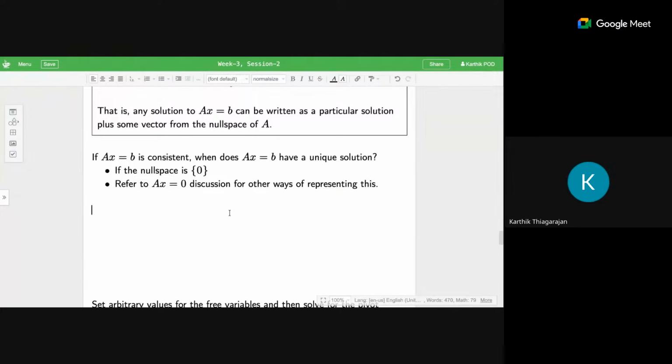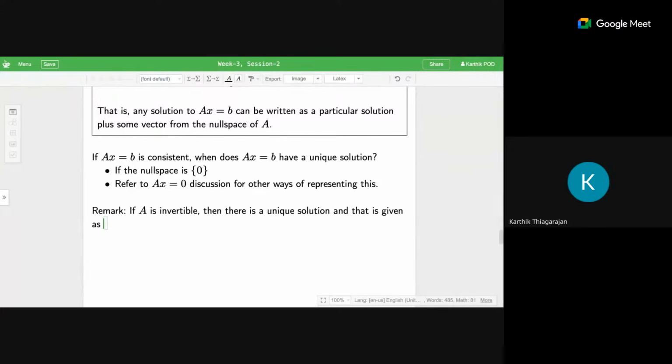Okay, null space is 0, column rank is n or rank is n, no free variables, or if A is square then A is invertible. Okay, so maybe this is an important remark. If A is invertible, then there is a unique solution, and that is given as x equal to A inverse B.